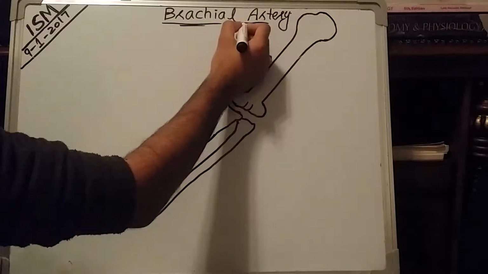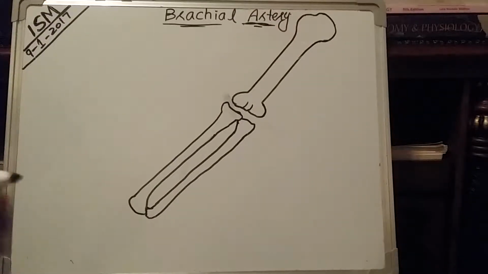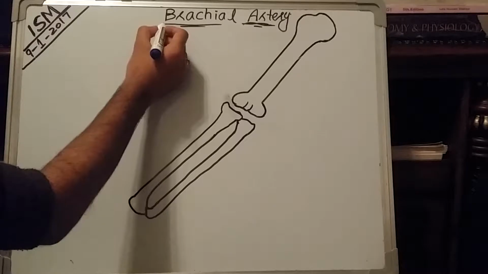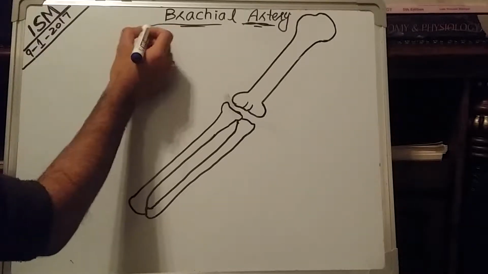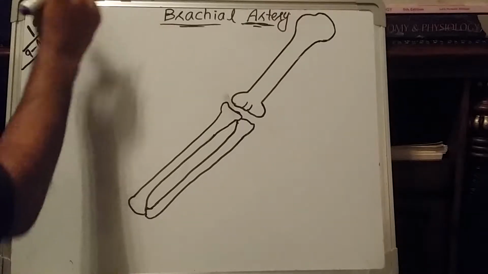Here in brachial artery we will discuss the branches which are originating from the brachial artery. First I will describe the branches over here, and after this we will go through the branches.